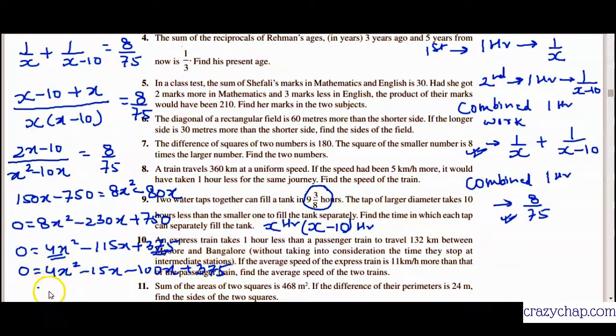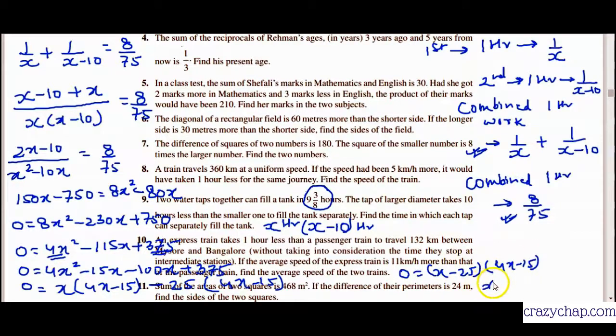Taking x common from the first and second term, we get 4x minus 15, and taking minus 25 common from the second and third term, we get 4x minus 15 again. So my factors are 0 equal to x minus 25 and 4x minus 15.